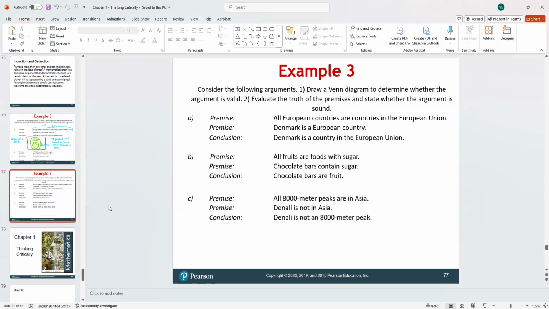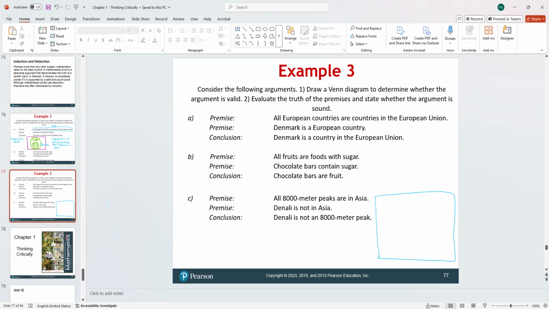Okay. Now for this one, let's go over again. We're gonna construct a Venn diagram in which we don't know yet what's gonna be inside. For this, we're talking about the height.